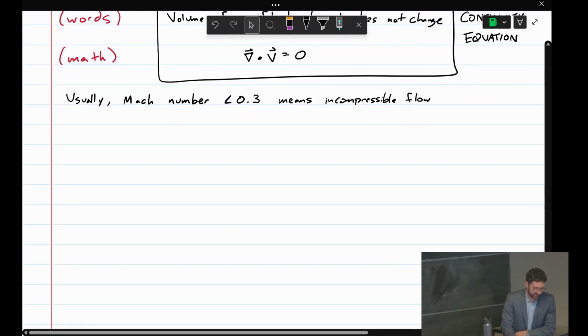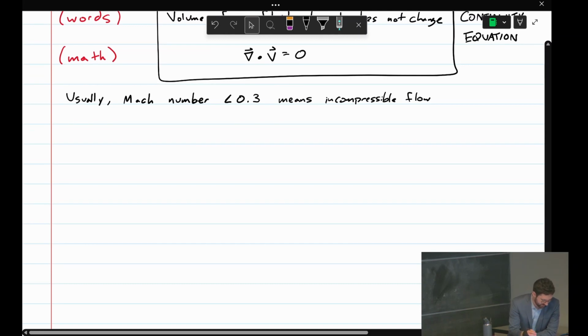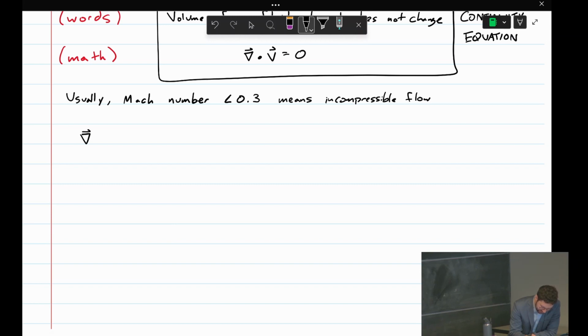Just for clarity, I want to clear up the difference between the divergence and the gradient. So this nabla is a vector, and it's an operator. It's partial by partial x, partial by partial y, and partial by partial z.